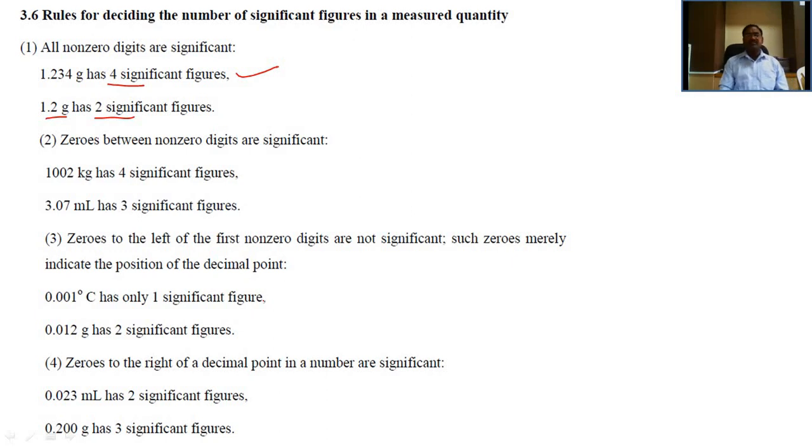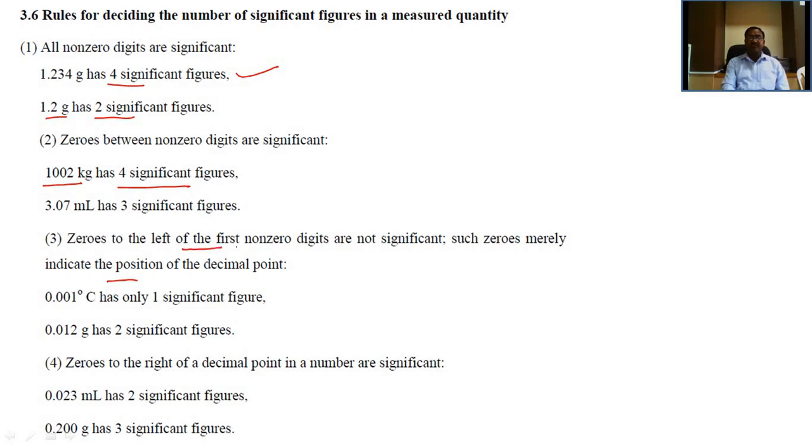Zeros between two non-zero digits are significant. Here 1002 kg has 4 significant figures, as the zeros are in between two non-zero digits. 3.07 ml has 3 significant figures.